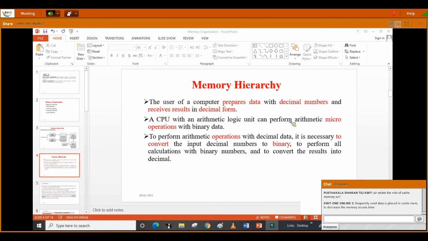To perform arithmetic operations with decimal data, it is necessary to convert the input decimal numbers into binary, perform all the calculations with binary numbers, and convert the result into decimal.